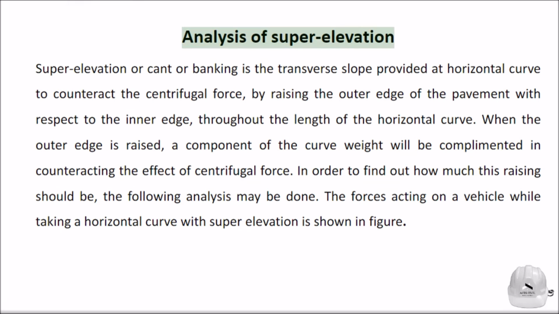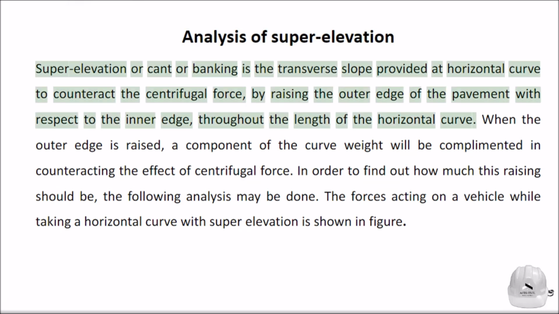Analysis of superelevation. Superelevation or cant or banking is the transverse slope provided at a horizontal curve to counteract the centrifugal force, by raising the outer edge of the pavement with respect to the inner edge, throughout the length of the horizontal curve.